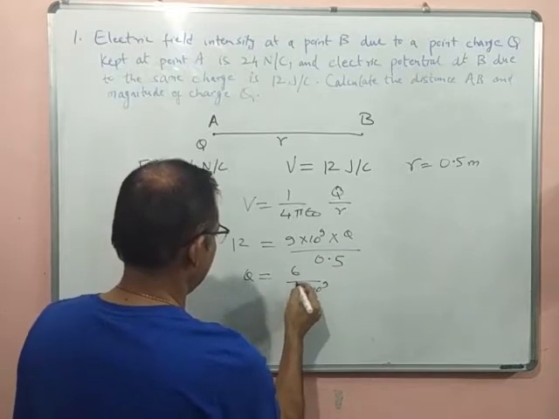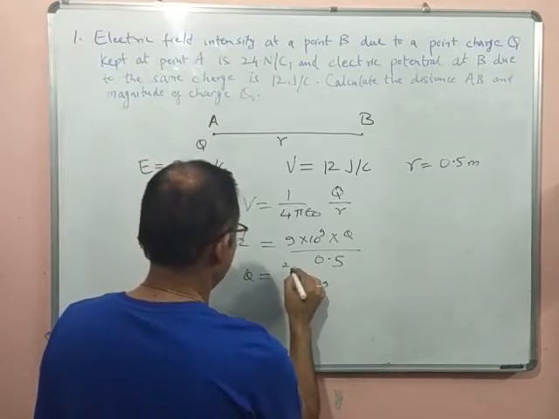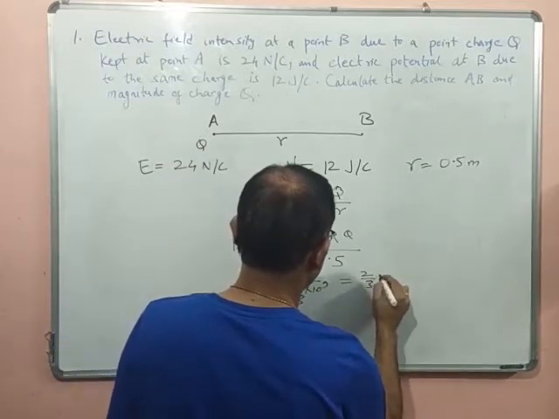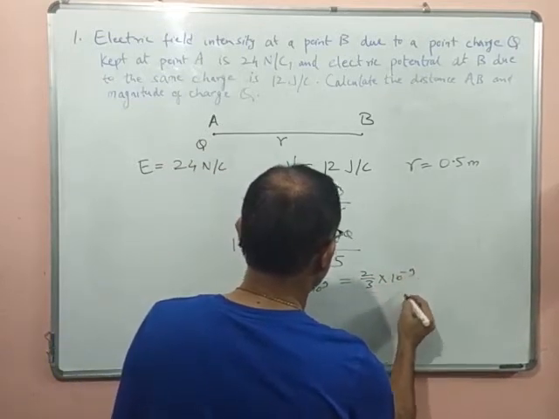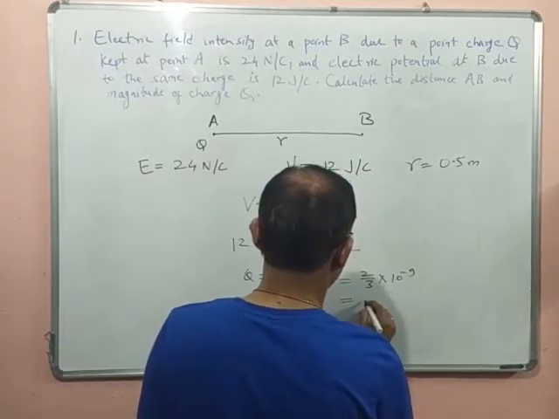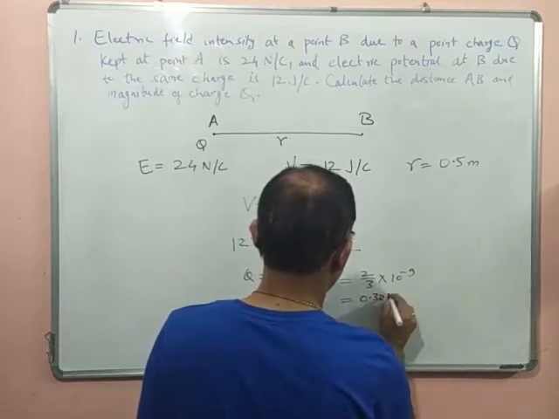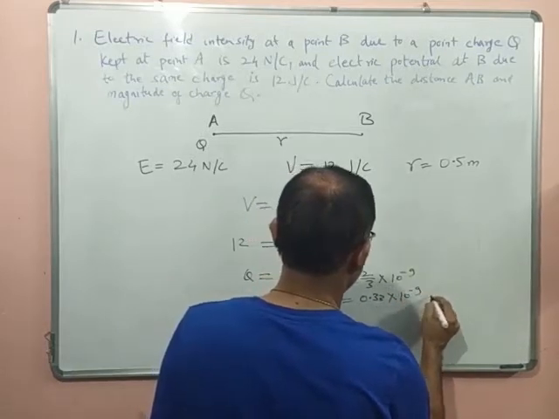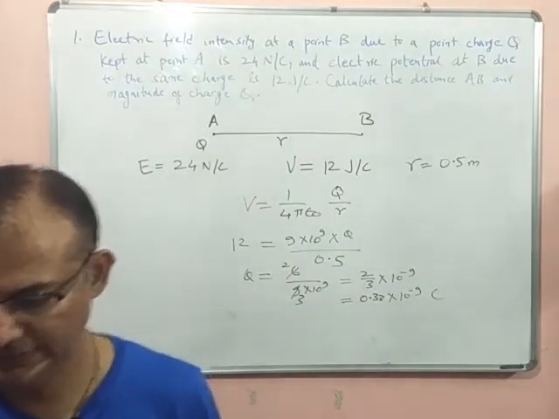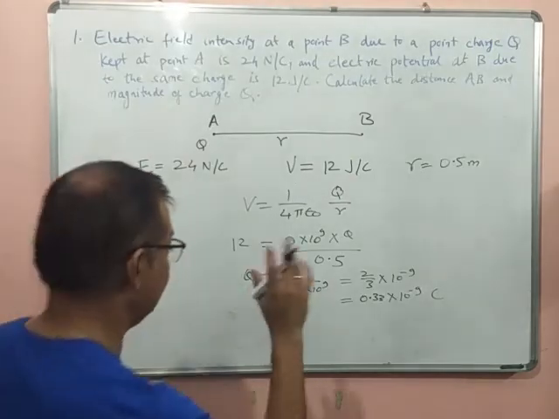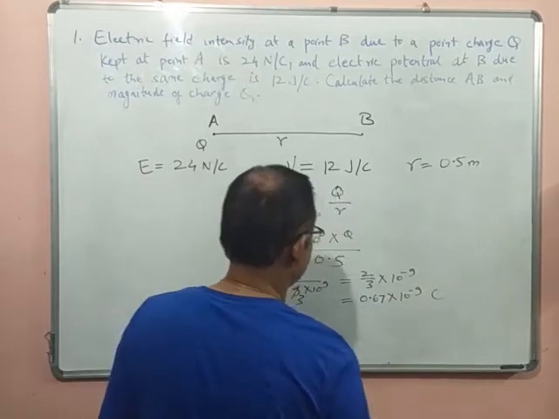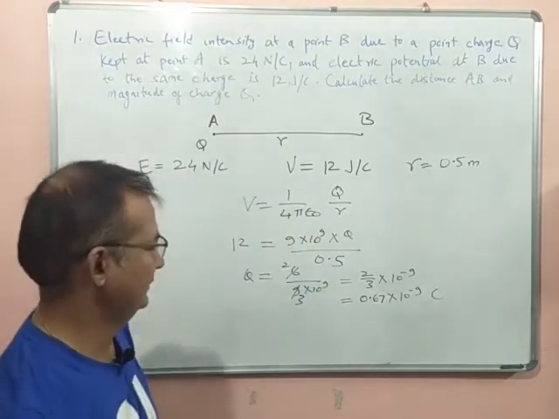So this will be 2 by 3 into 10 to the power minus 9. Now you can calculate 2 by 3 is equal to 0.67 into 10 to the power minus 9 Coulomb.